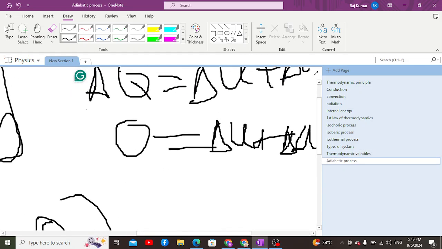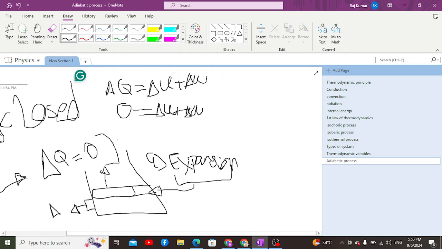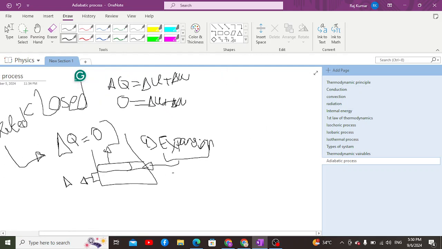In mathematical terms, we can write this condition of adiabatic expansion as minus del U is equal to plus del W, or the positive work done is equal to the decrease in the internal energy of the system.